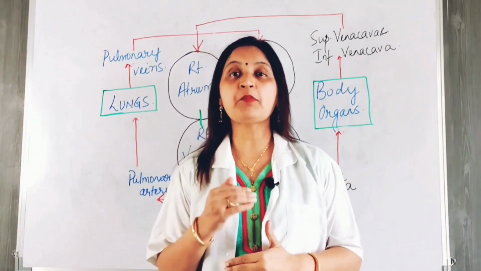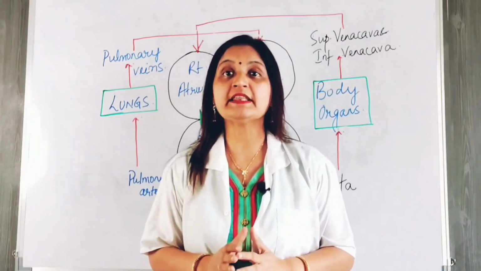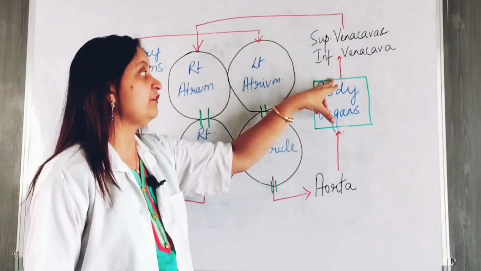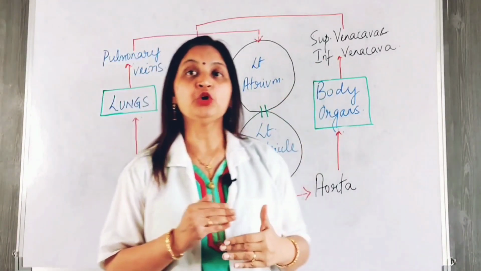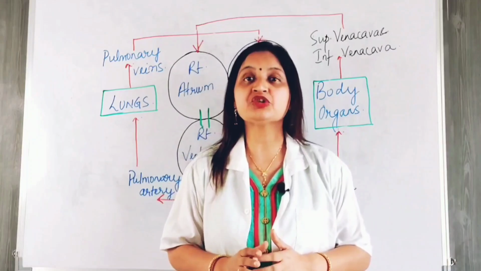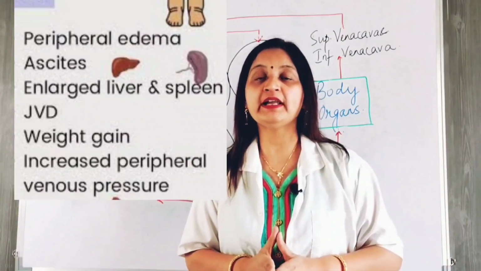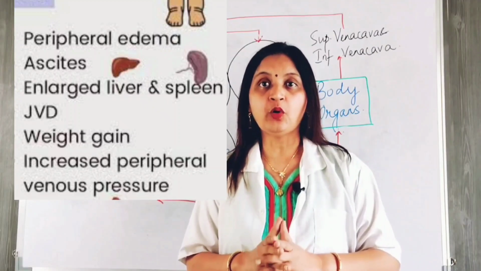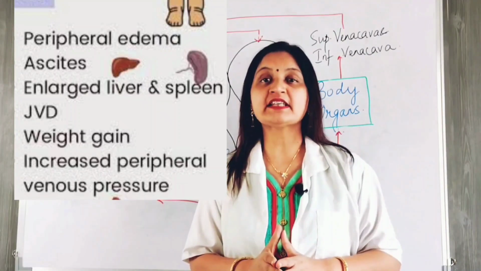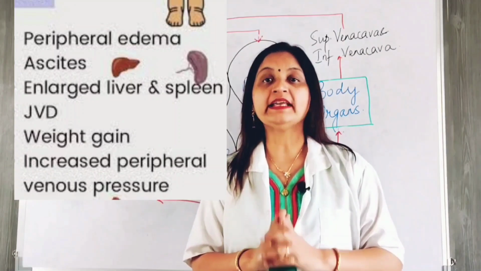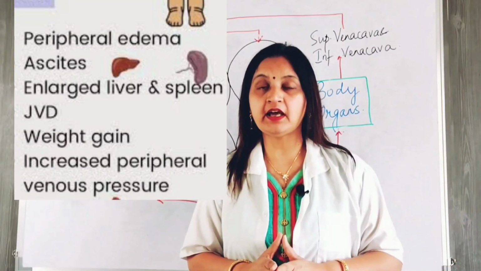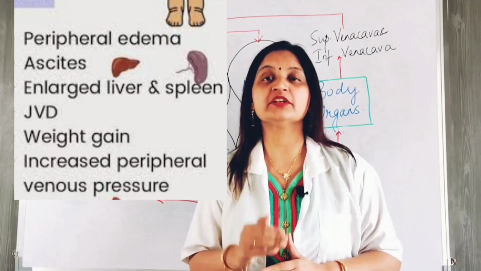The blood accumulates in the peripheral veins, and this increases the pressure in the peripheral veins, causing fluid to move out into the surrounding tissues, and there is build-up of fluid in various organs such as the intestine, liver and lower limbs. So this can manifest as a bloated abdomen or edema in the legs. So the symptoms of right-sided heart failure are related to the peripheral regions.